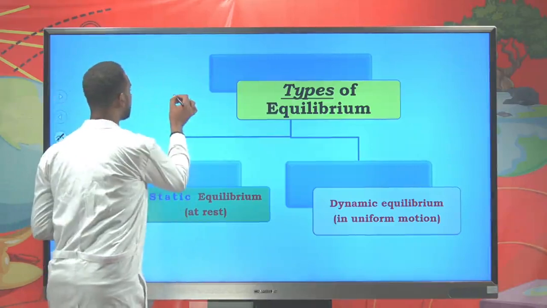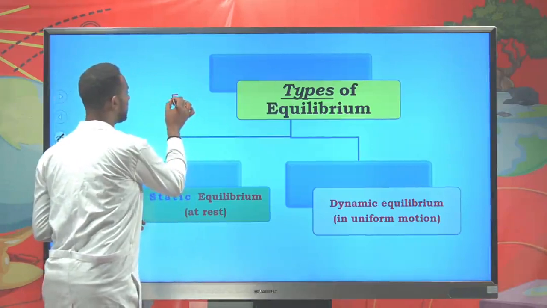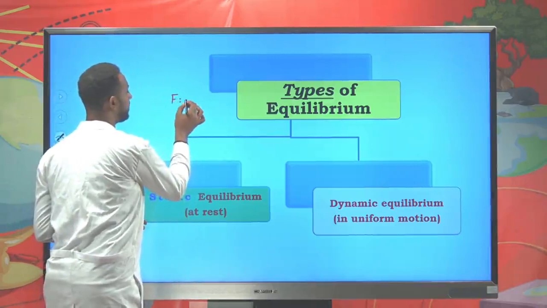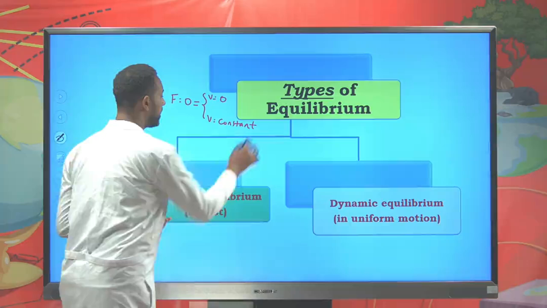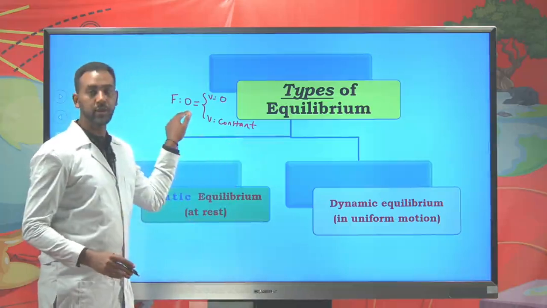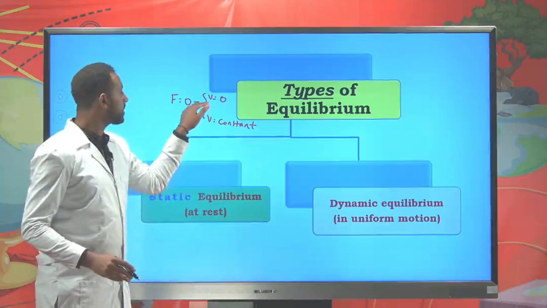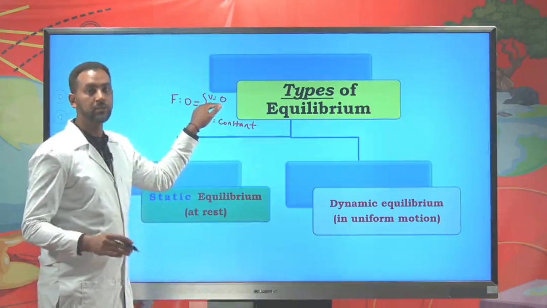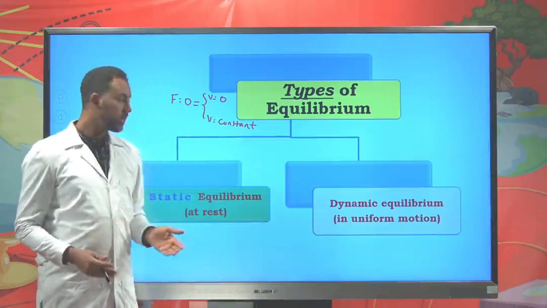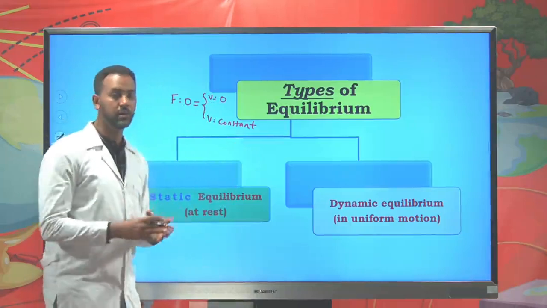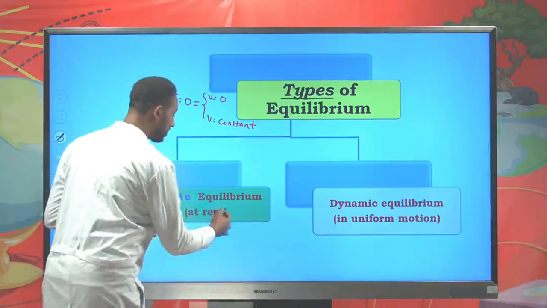In your dynamics concept, which you learned in unit 4, the net force on a given object is 0 only if the object is at rest or in a state of motion with constant velocity. If it has a constant velocity, the net force on a given object can be 0. Or if the object is at rest, with 0 velocity, the net force on the object is 0. Therefore, static equilibrium studies a given object at rest.